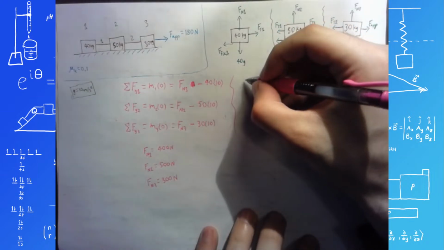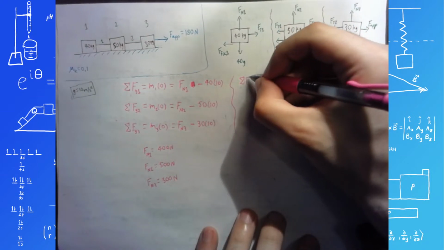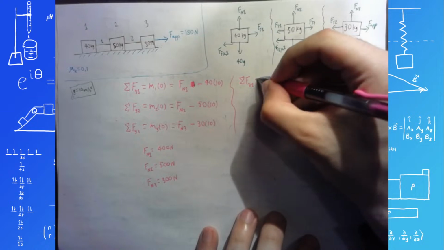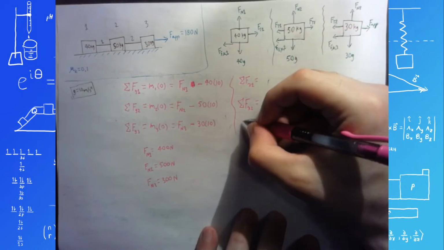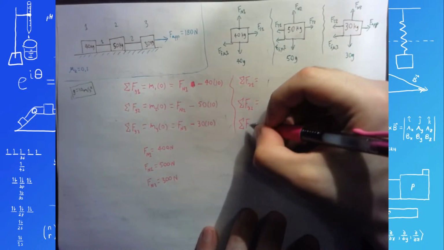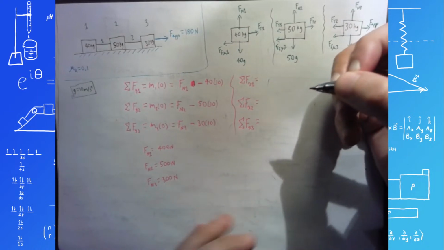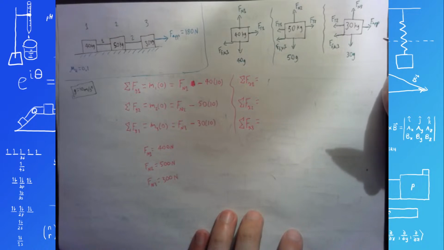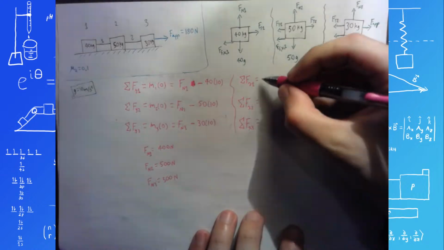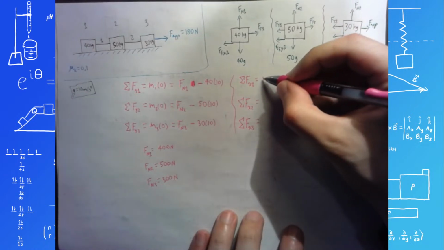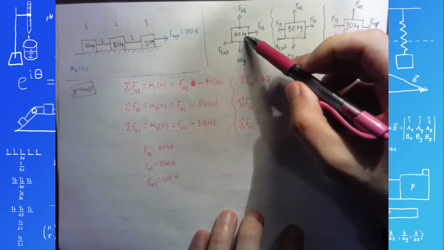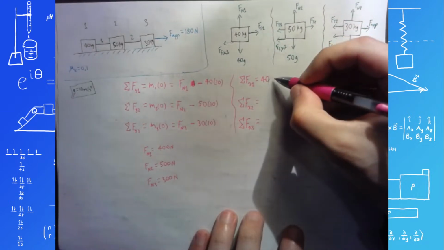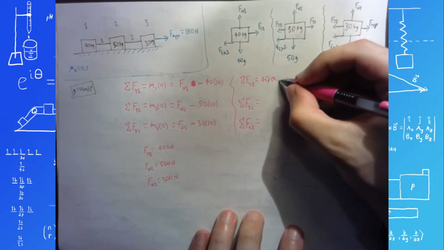So now for the horizontal, net force X for object 1 and 2 and 3. Net force X for object 1 is going to be mass 1, so 40 kilograms, times the acceleration of object 1, which is going to be the same as the accelerations of objects 2 and 3. I'm just going to call that acceleration of the system.